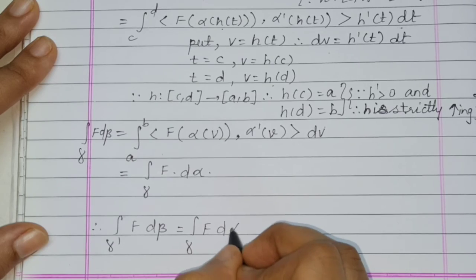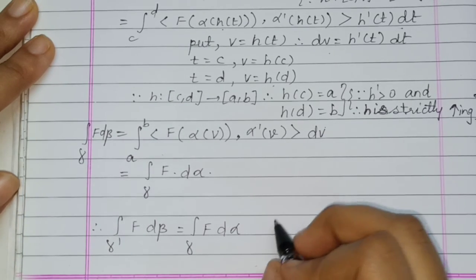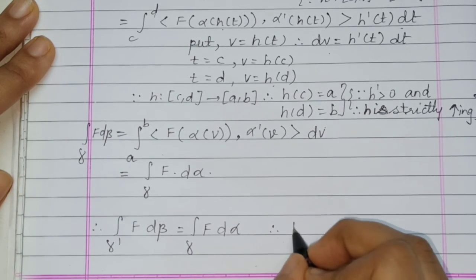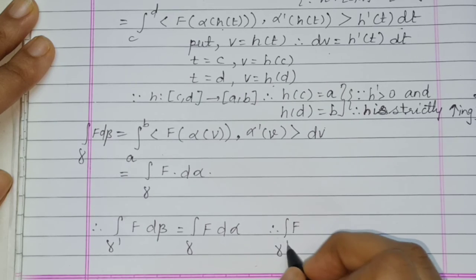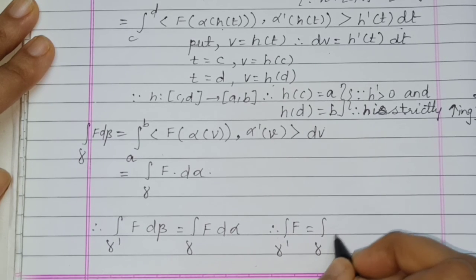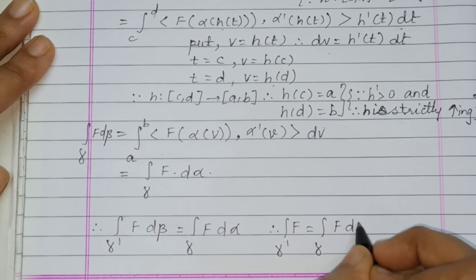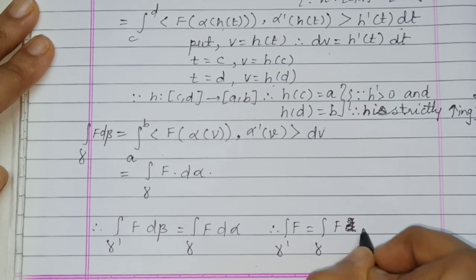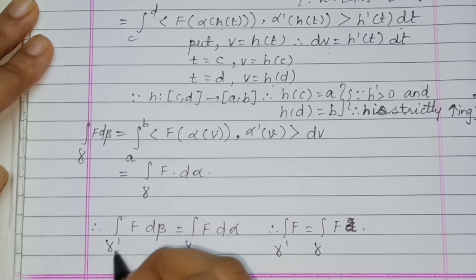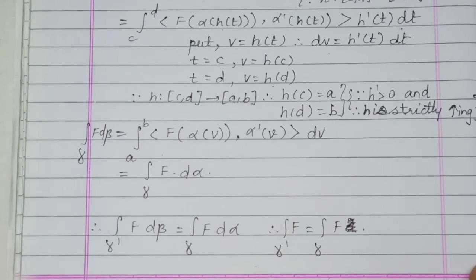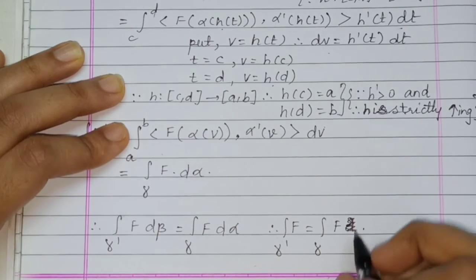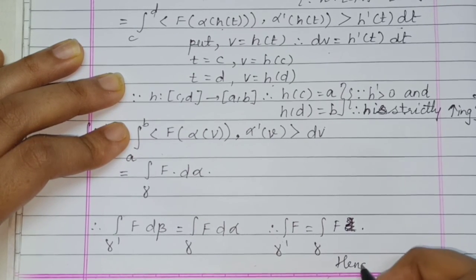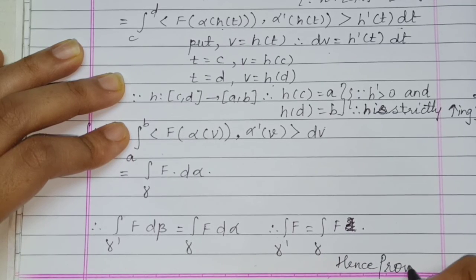So f of d alpha, we can rewrite it as line integral gamma dash f is equal to line integral gamma f. No need of d alpha again. So this is what we had to prove, that both the line integrals are equivalent, hence proved.